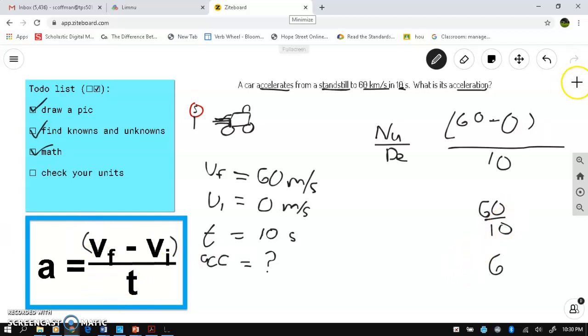You have to check your units. So remember, this is meters per second, meters per second. So on this is meters per second, and this would be meters per second. And then this is also seconds.